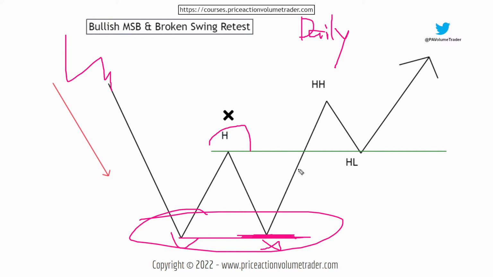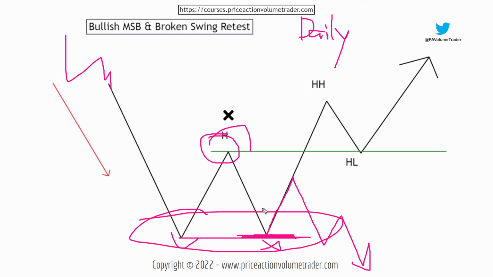We start pushing up, but still, until this previous swing high is violated or broken to the upside, we cannot say that this is officially changing trend, because this could perfectly just retrace and then do like this and then just continue down.